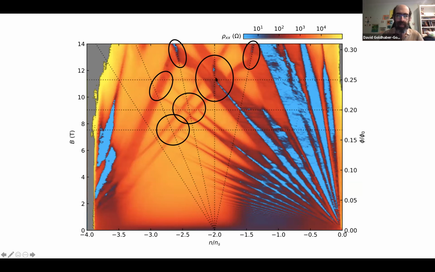So my student, Joe Finney, who is quite resourceful, said, while I'm puzzling over this, let me just, for play, calculate the Hofstadter model. That's a magnetic field threaded through a periodic potential where you have hopping in two perpendicular directions, and the magnetic field adds phases to these hoppings.